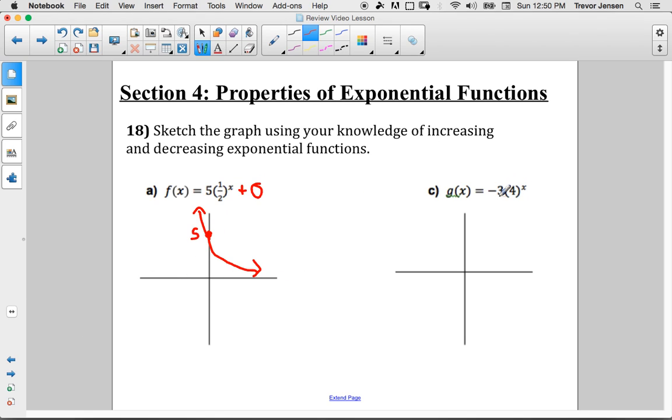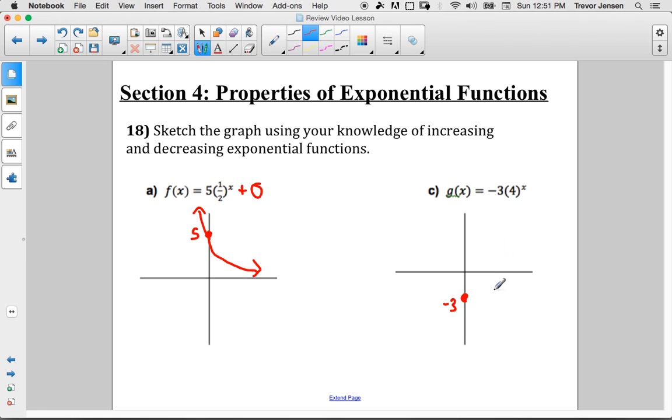This function, however, our initial value is -3, so let's say -3 is roughly right there. And that value of -3, as we go from left to right, is going to repeatedly multiply by 4. So at an x value of 1, that -3 needs to be multiplied by 4 once, so it will go down to -12.